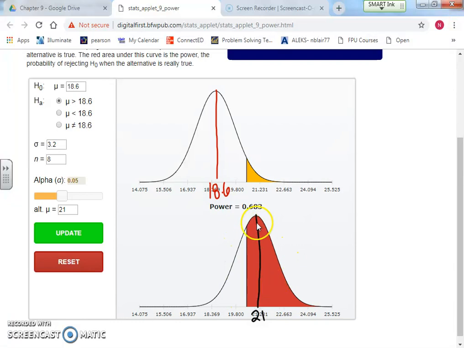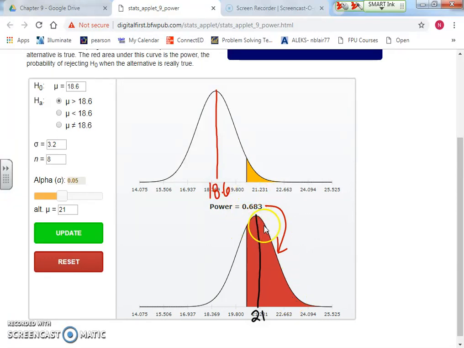But the majority of the shaded region, this red region, is indeed where the tallest portion of the true sampling distribution is. So most likely, we're going to get a sample in this red region, which is why we say that this red region is 68.3% of the entire distribution, and that is our power.